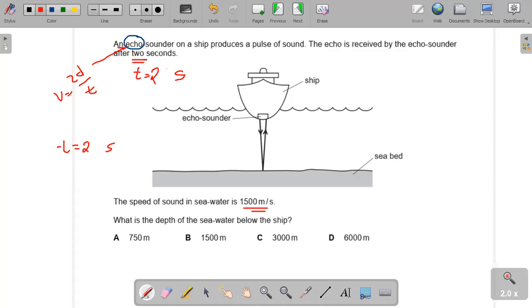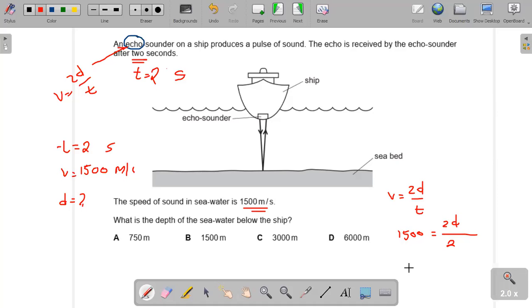This is T. V equals 1,500 meters per second, and he wants me to find D. We have to look at the unit. So we write the formula V equals 2D divided by T, so 1,500 equals 2D divided by 2, cross multiplication.